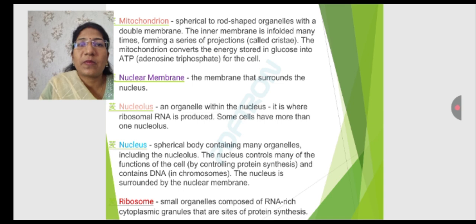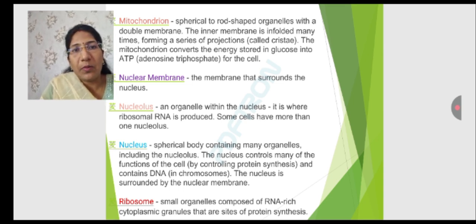The nucleus is a spherical body containing many organelles including the nucleolus. The nucleus controls many functions of the cell by controlling protein synthesis and containing DNA in chromosomes. The nucleus is surrounded by the nuclear membrane.